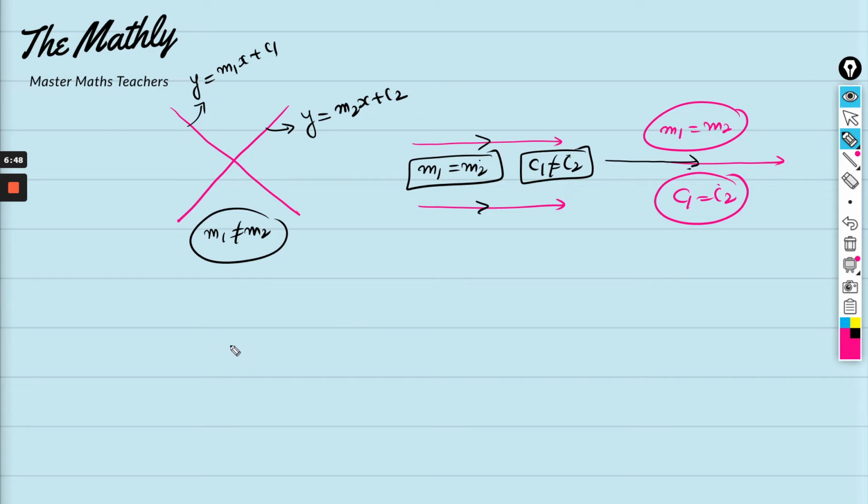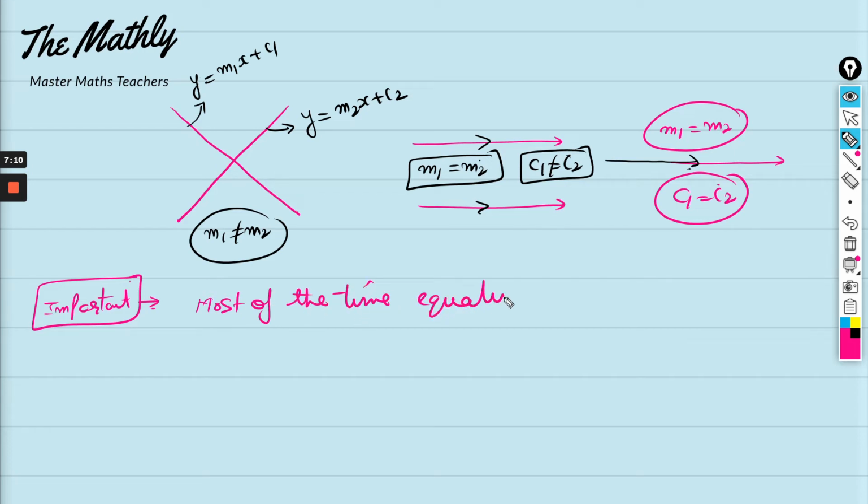Before I move on, let's discuss one very important part for your SAT. What will happen in the SAT? Most of the time, the equations will be given in general form.